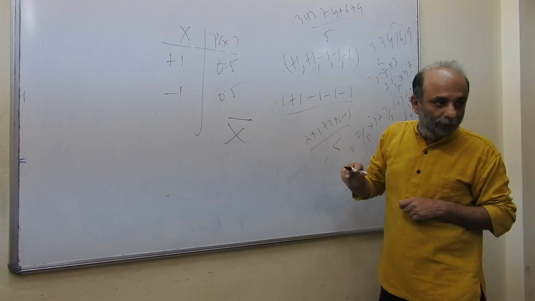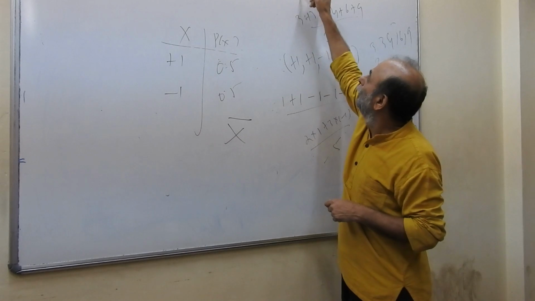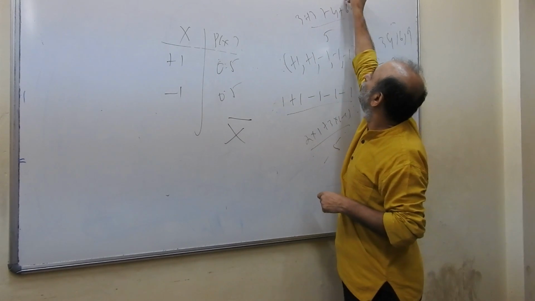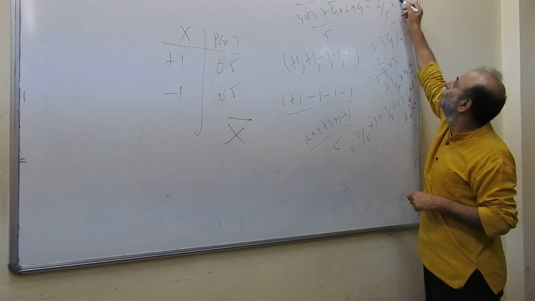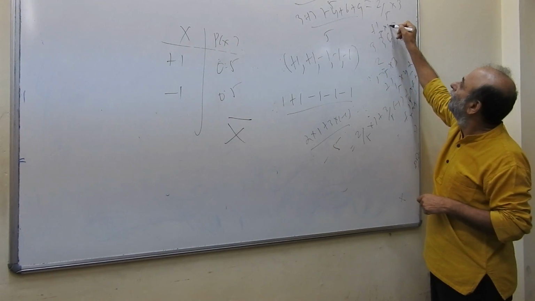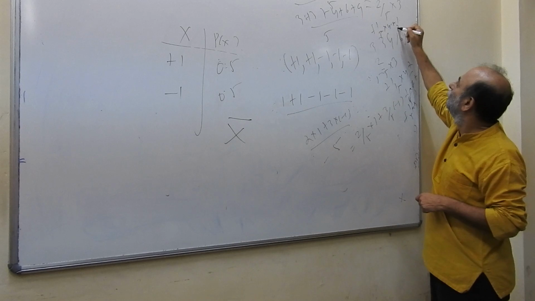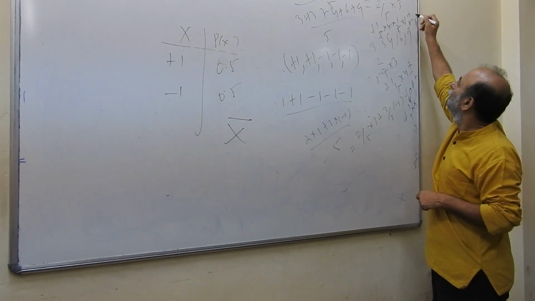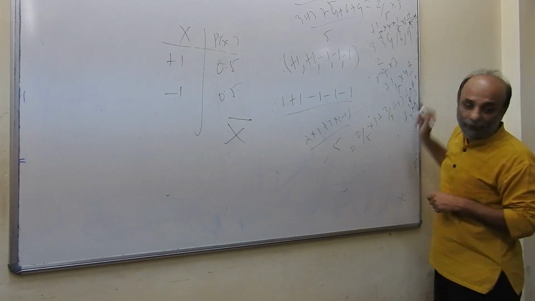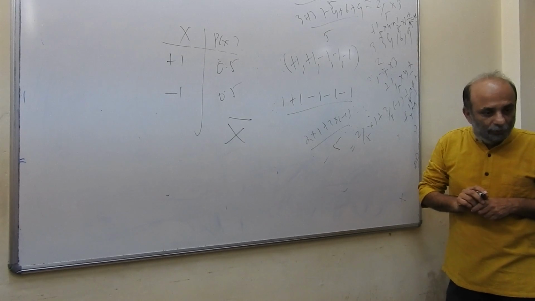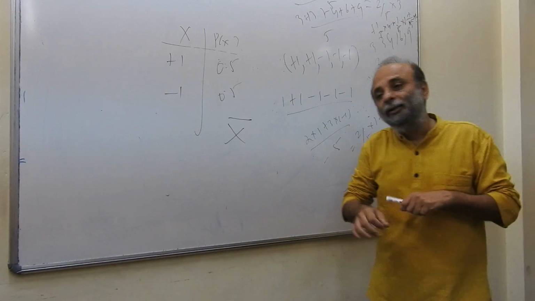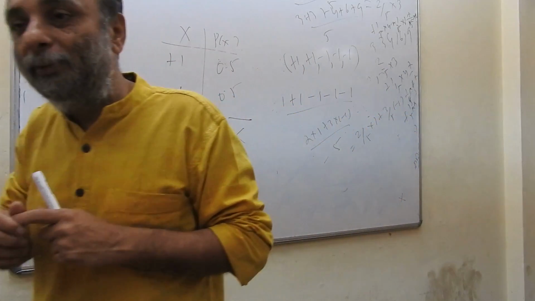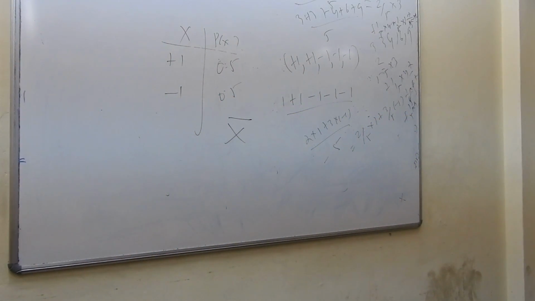So it would be 2 into 3 plus 4 plus 6 plus 9 upon 5, which is nothing but 2 upon 5 into 3 plus 1 upon 5 into 4 plus 1 upon 5 into 6 plus 1 upon 5 into 9. Sure? So basically my arithmetic mean is nothing but each value of the random variable multiplied by its relative frequency and summed.